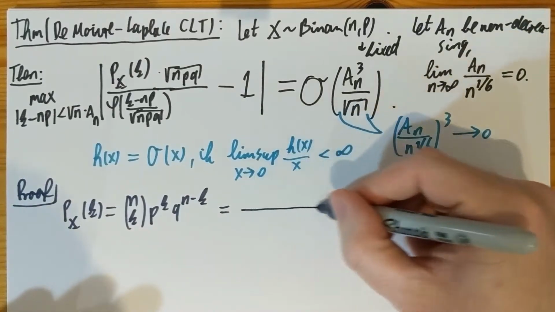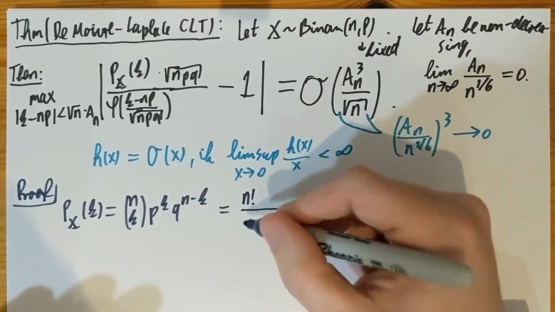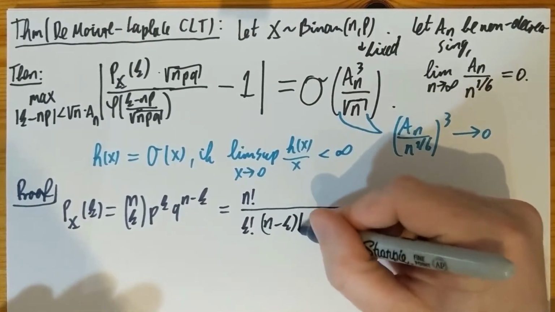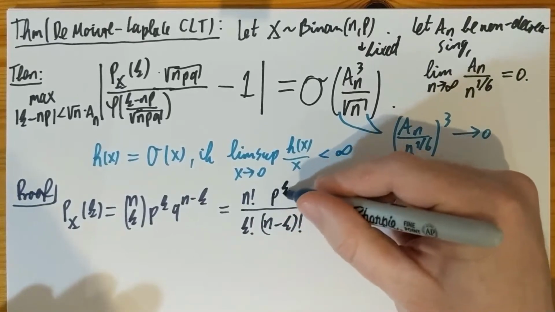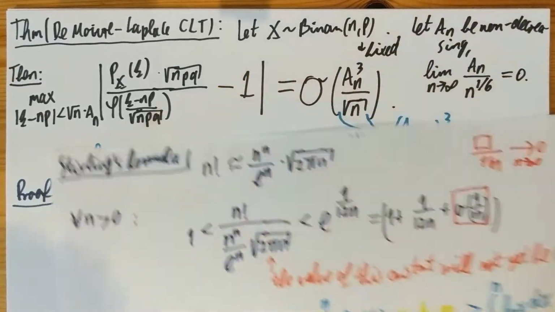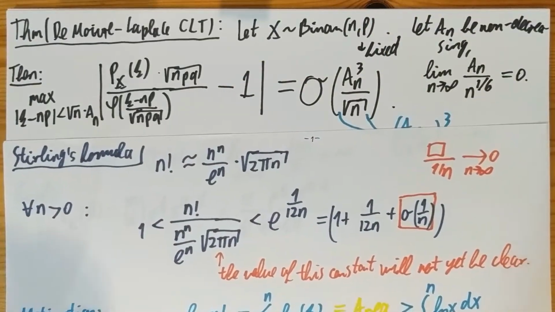I have n factorial, then k factorial, n minus k factorial, and then we have p to the k and q to the n minus k. That's all the terms we have in there. And now we're going to plug in Stirling's formula with an unknown pi for all of the factorials.